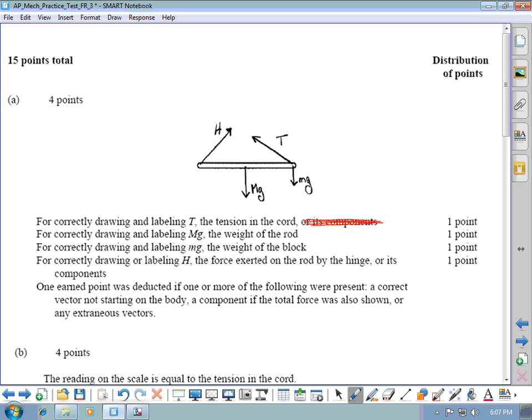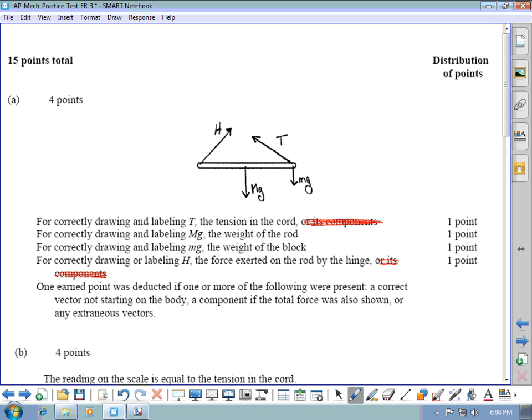And then it was 1 point for correctly drawing and labeling the weight of the rod. And then there was 1 point for correctly drawing and labeling the weight of the block. And then it was 1 point for correctly drawing and labeling the force exerted on the rod by its hinge. Again, it says or its components, not anymore. And so you needed to have the force drawn correctly.